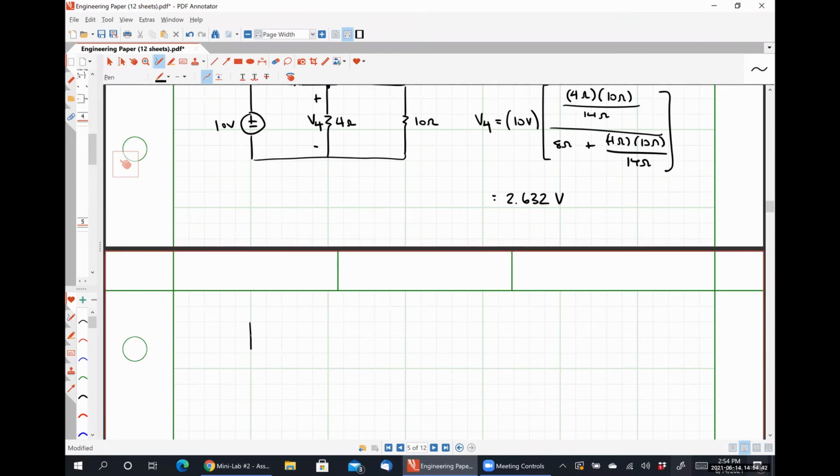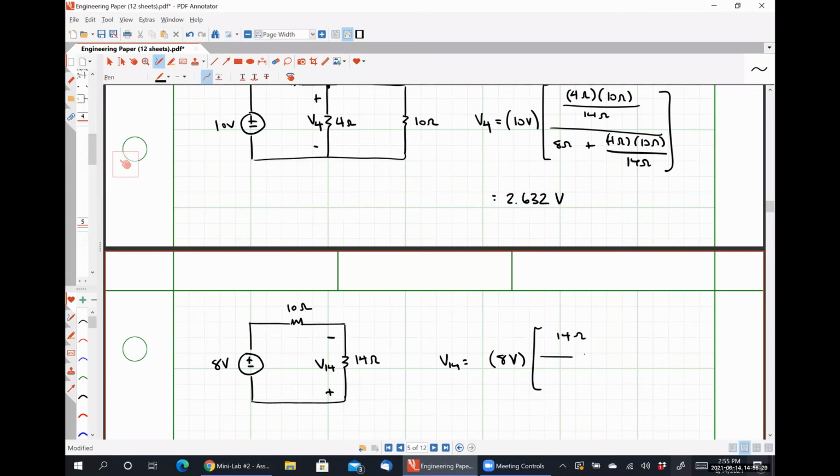What I mean by that is that if I have this circuit, and I put the positive polarity on the bottom, V14 in this case, if we apply voltage division, is going to be 8 volts times 14 ohms over 24 ohms in total. But we're also going to have to apply a negative sign.